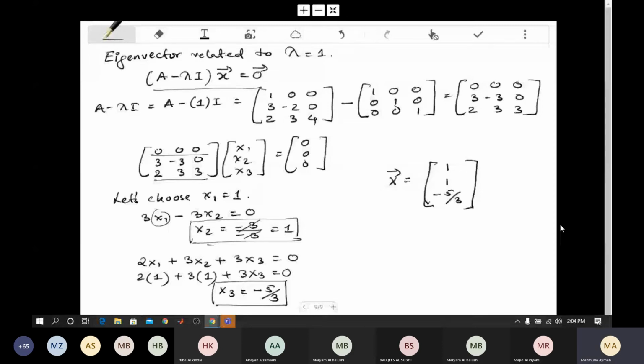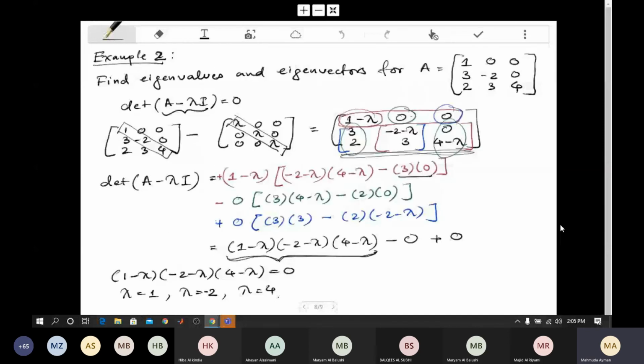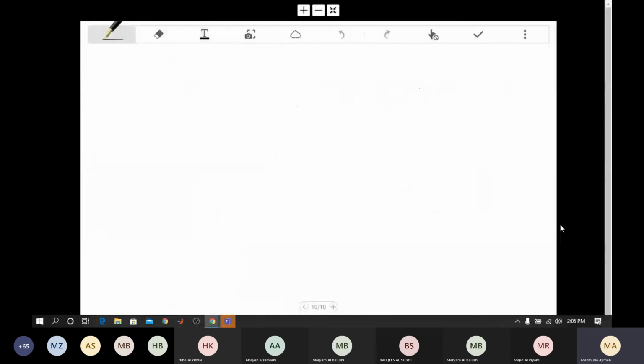great. Then now we'll find the eigenvector for the next eigenvalue, which is minus 2. So let's find the eigenvector related to eigenvalue minus 2.